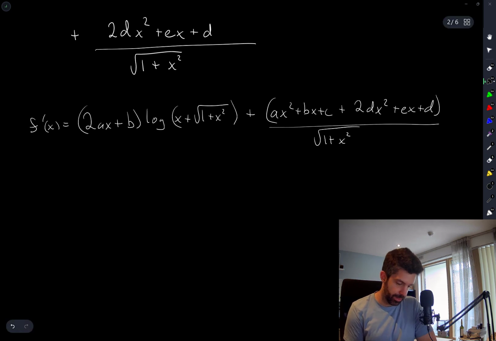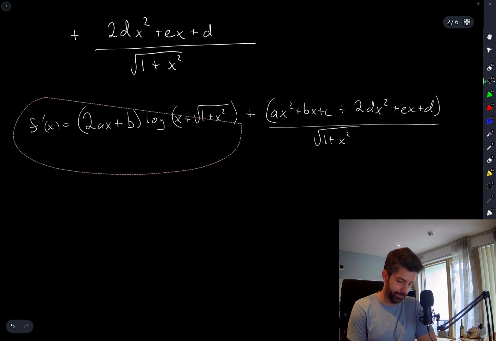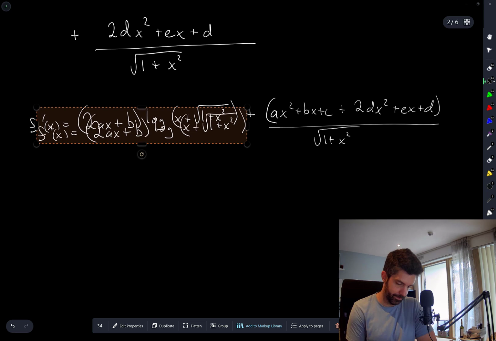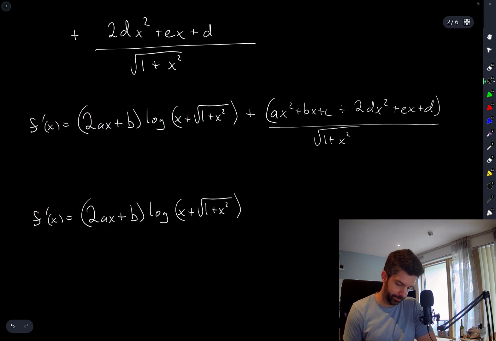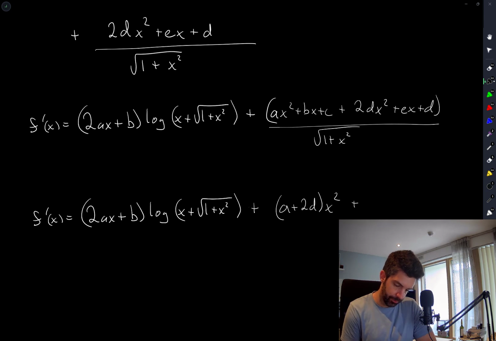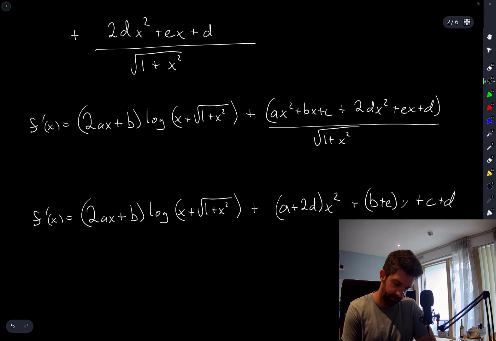Okay. And again, the numerator here is going to simplify. So I have (a plus 2d) times x squared, plus (b plus e) x, plus (c plus d), divided by the square root of 1 plus x squared.